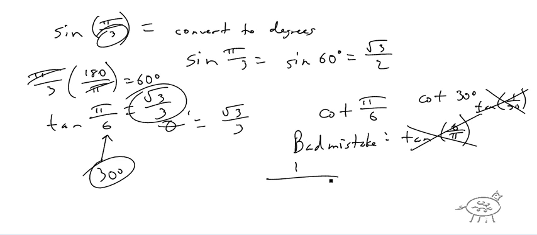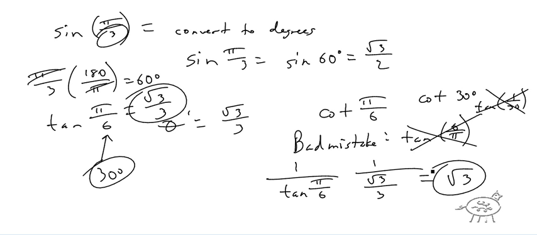You're just going to say it's 1 over the tangent of pi over 6. That's not bad, right? And then, of course, tangent of pi over 6, as we just did, is root 3 over 3. So it's 1 over root 3 over 3, which, remember, you can think back in the day, cotangent is the opposite of tangent, so isn't that just root 3? That's not bad. Let's do a couple more here.